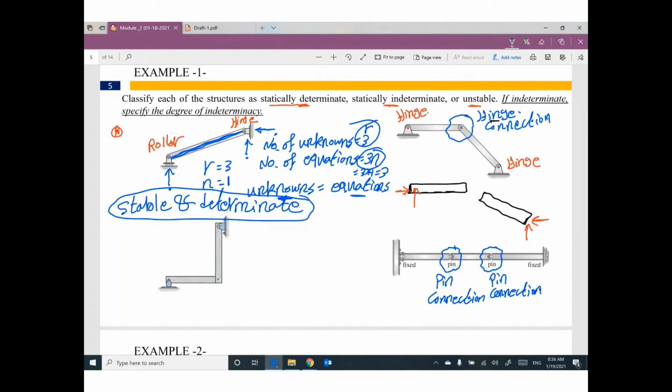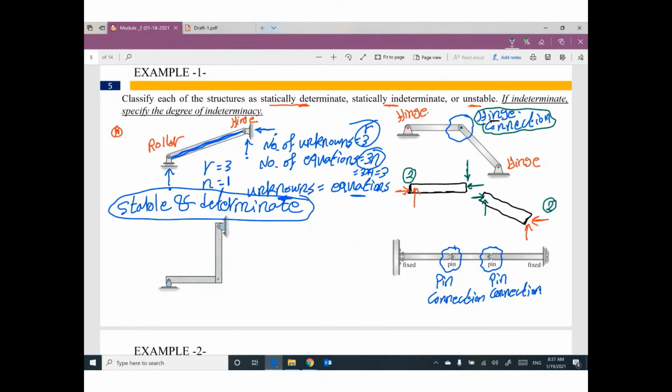This connection is hinge connection. So we have 2 reactions on this side, and these two reactions can be the same values, but in opposite direction on the other part. So finally, we have 2 here. We have 2 here.